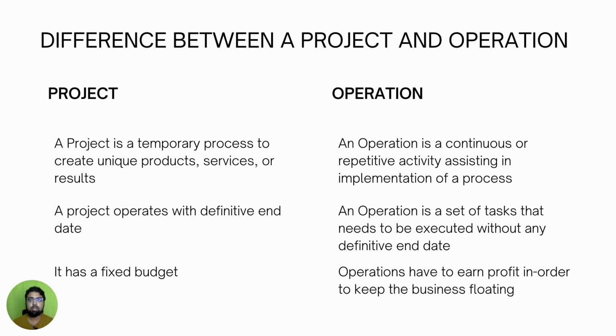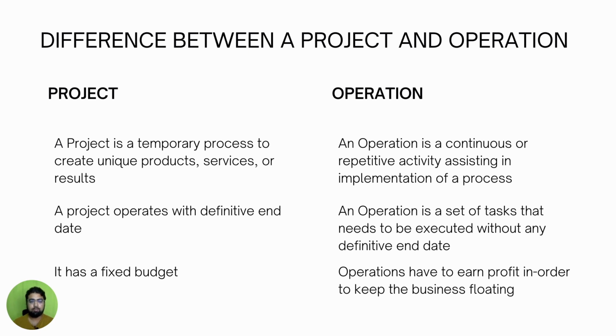It can be a continuous, repetitive activity, but at the same time, it doesn't have to be always a repetitive action. It can be different actions, but at the same time, it has to be continuous without a definitive end date. Now that's called an operation.